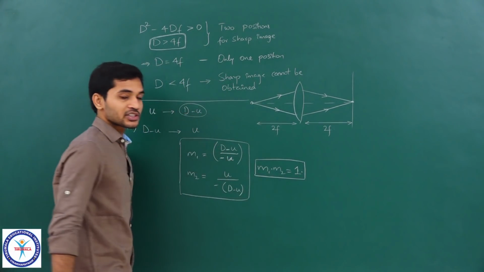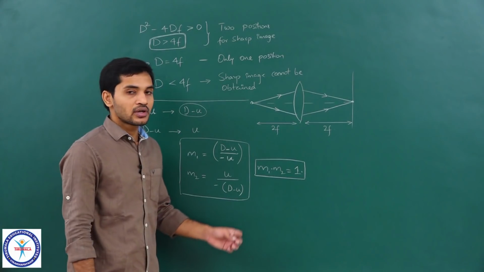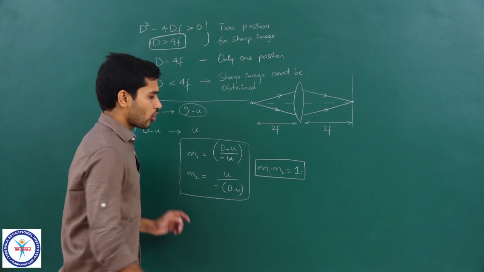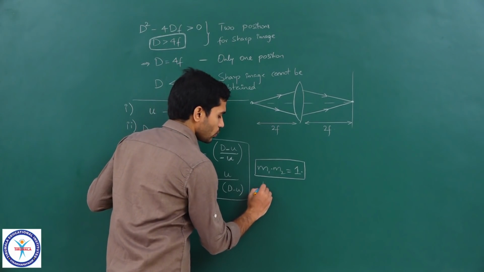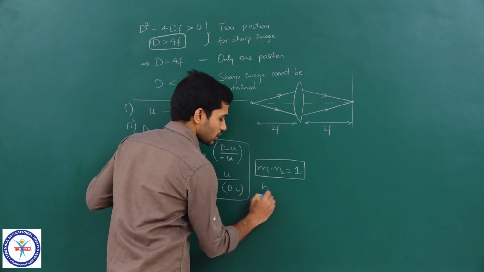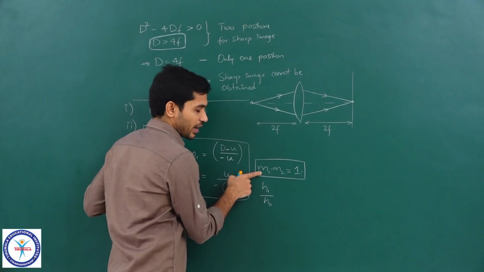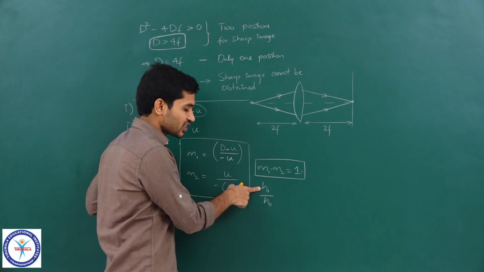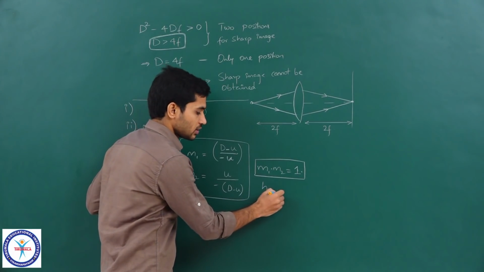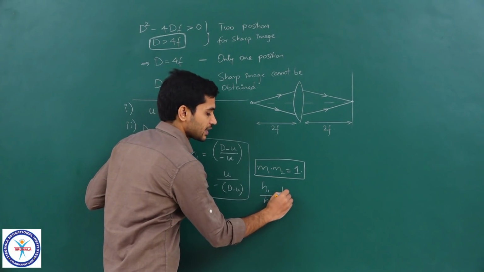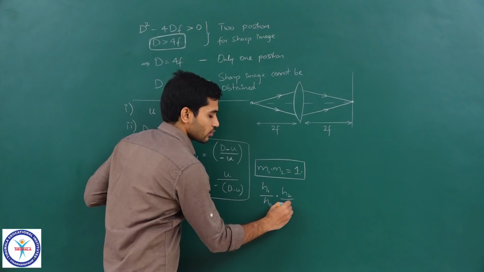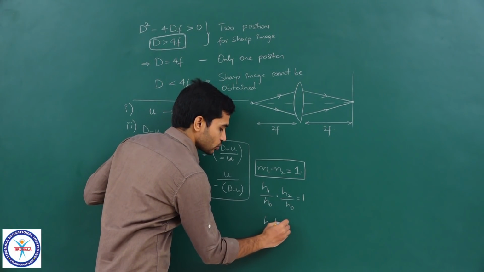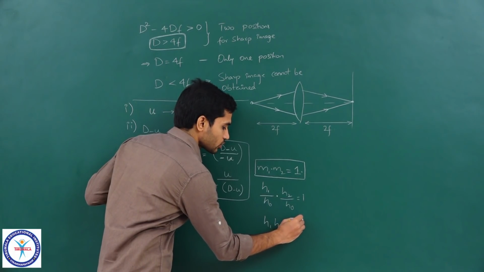The two sharp images which are formed in the displacement method will have the product of their magnifications as 1, or to put it in a different way, if I write magnification of first image as h1 by ho, multiplied by m2, written as height of second image by height of object, I will eventually get h1 h2 is equal to h naught square.